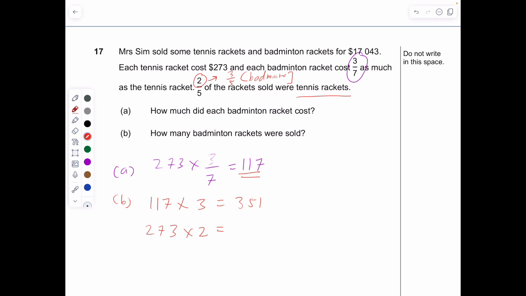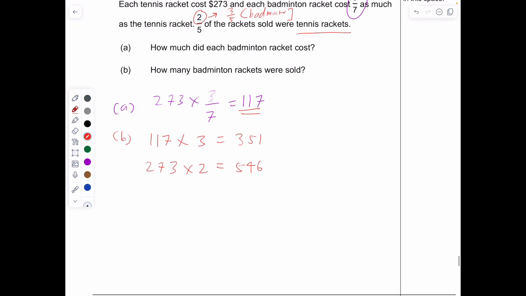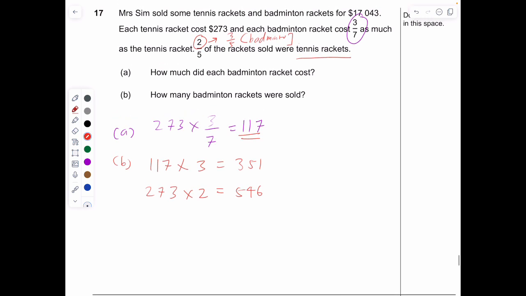So this is 546. Now, then I will go ahead to add these two numbers, 351 and 546, together. That will give me 897.